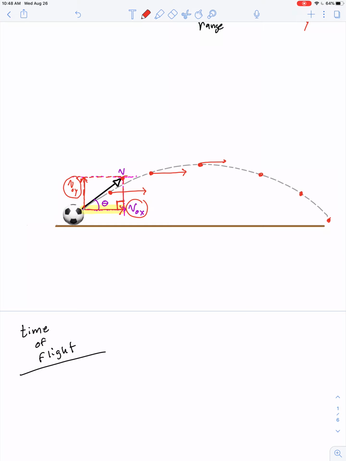But we're assuming free fall, where gravity is the only force acting, and because gravity is applied downward in the vertical direction, it has no influence on the horizontal component of motion.